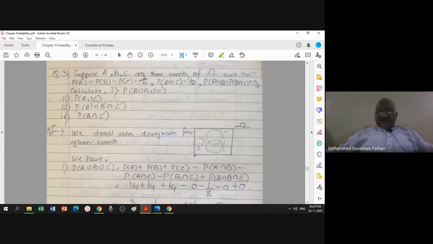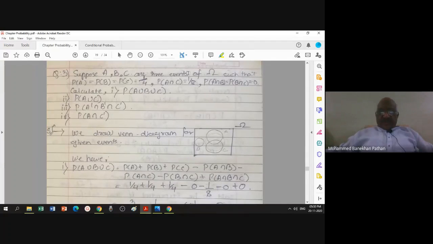It says there is nothing common between B and C. So when I put event A, event B, and event C on a Venn diagram, B and C should be separate, A and B should be separate. Then your Venn diagram will satisfy this information.